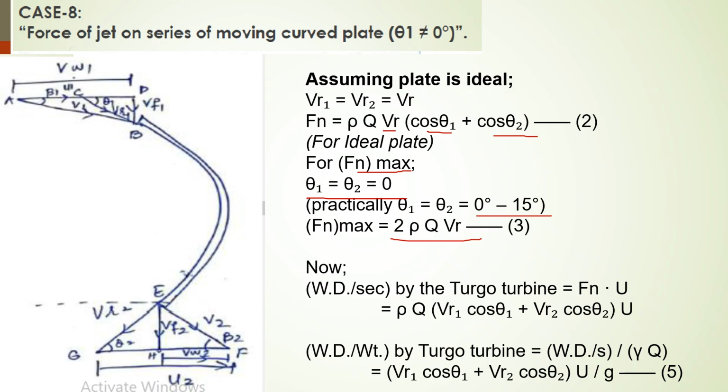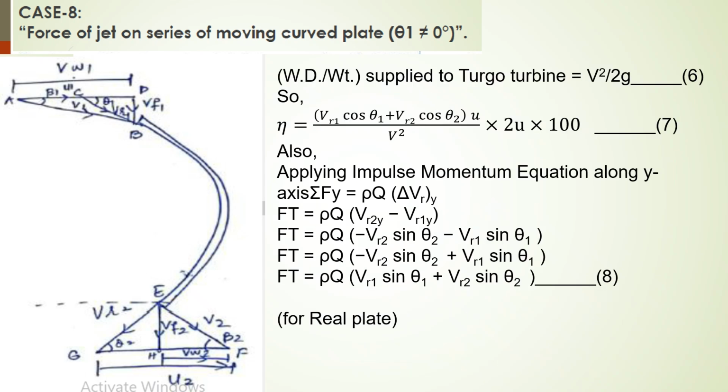Similarly, if we need to find out the efficiency, then the work done per second by the turbine should be Fn into U, and then you have the work done per unit weight, and then the efficiency by dividing output with the input. You may have this relationship. So this equation number 7 is going to define the efficiency of the turbine wheel.